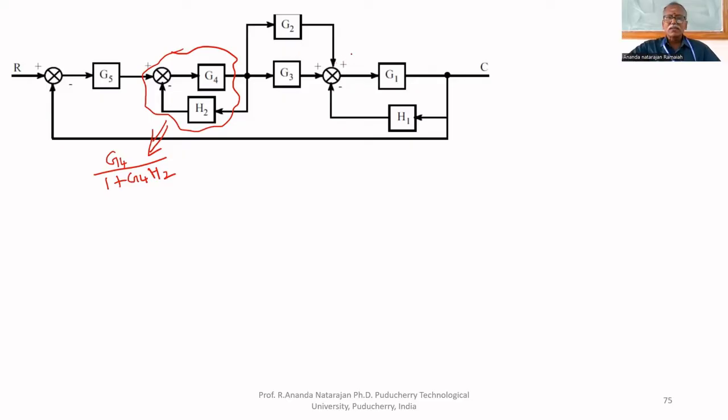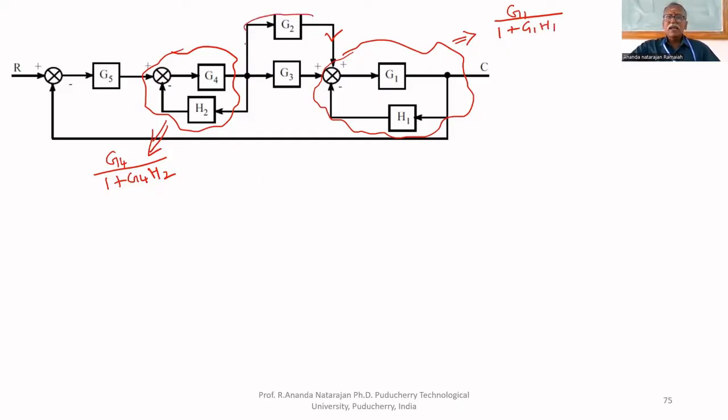No need to write two separate summing blocks, but a summing block will be there because of this path. This feedback path can be removed by using the 7th rule. This is equal to G1 upon 1 plus G1H1.